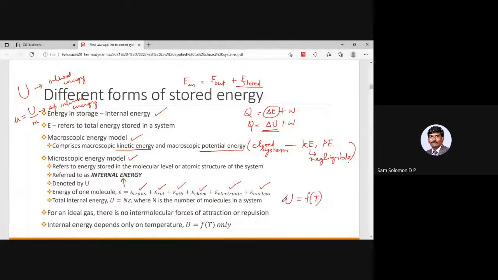Okay, and before going into the further part, you should also know why we replace this E in terms of U. So this energy, the macroscopic form of energy, we represent as a summation of internal energy, potential energy, kinetic energy, and in the next part, we will also be talking about something called flow energy or flow work.